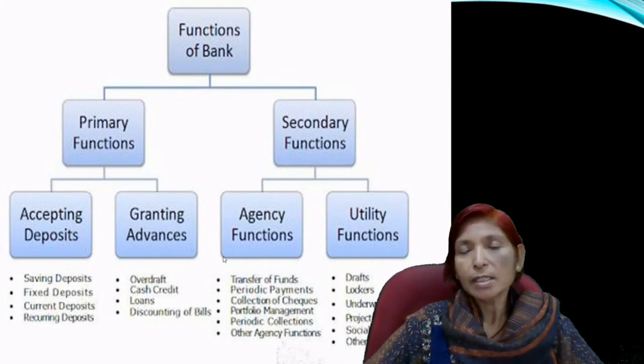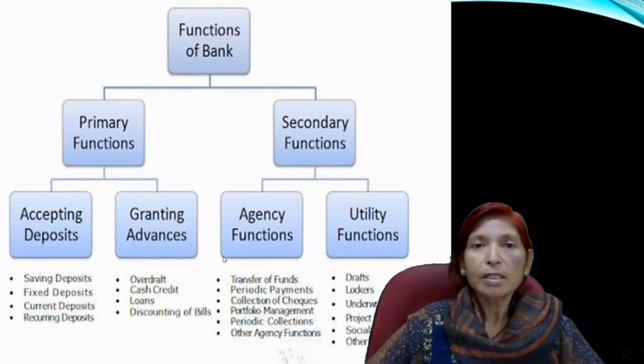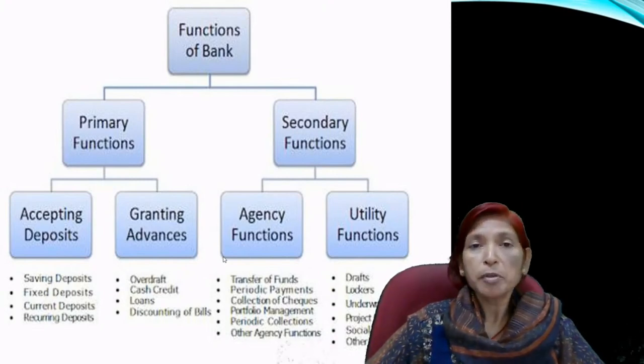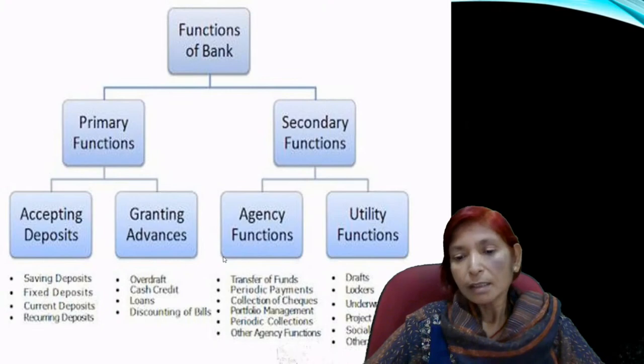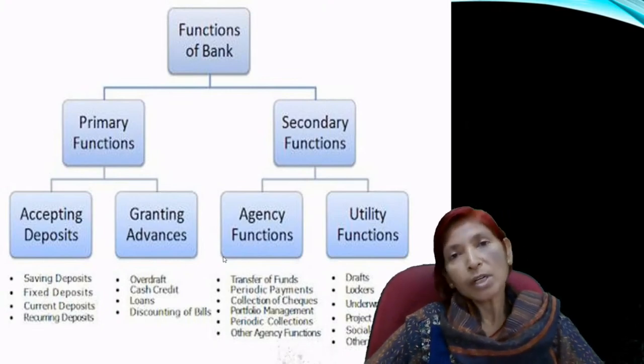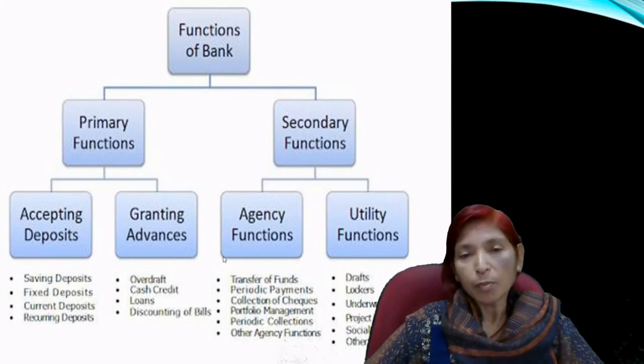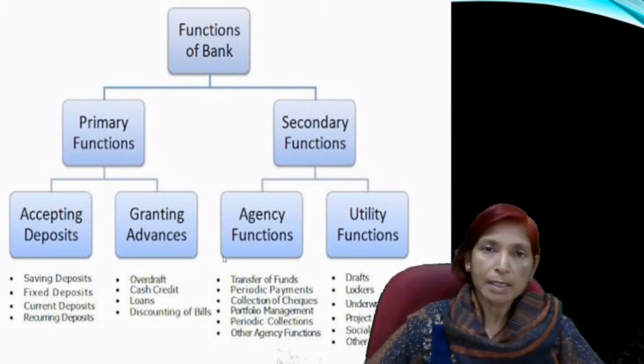And utility functions, in which the bank can provide draft facility and locker facility, in which you can keep your gold and other precious items safely in lockers, and also underwriting, project reports, social welfare programs, and other utility functions can be provided by the banking system.